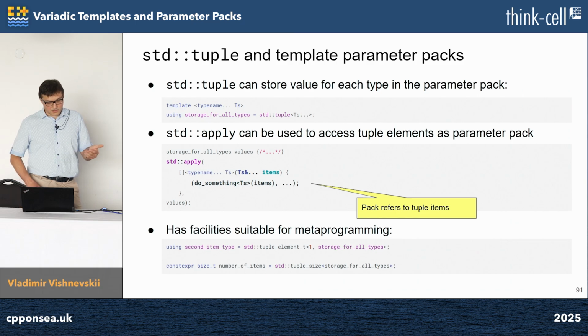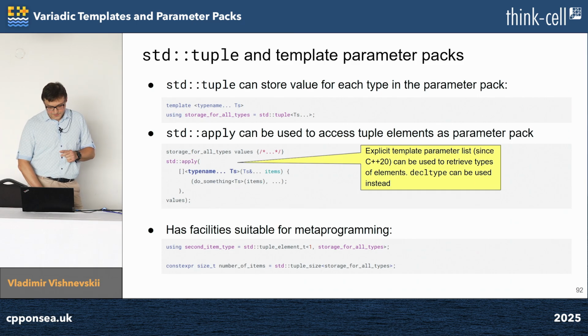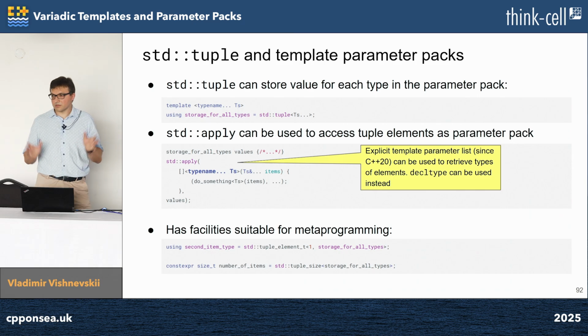So that means we can turn the items in the tuple into the parameter pack and handle them generically. This is a C++20 feature, an explicit template parameter list. This can be done if we need the types of the items of the tuple, or we can use decltype. Whatever, I prefer this one.